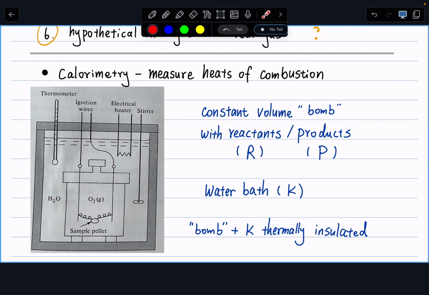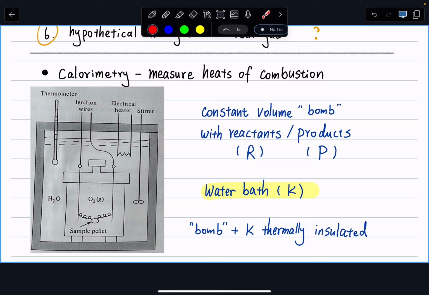What we have here is a huge water tank. And in there, we have a sample container. So outside is the water bath, and we have the temperature of the water bath. Let's put my water bath as K. And inside you have a bomb, where the reaction takes place.